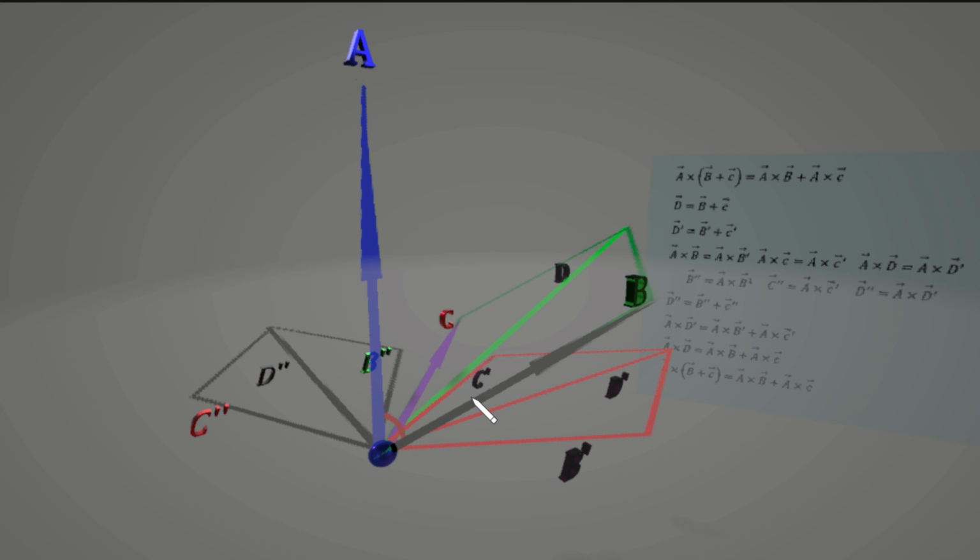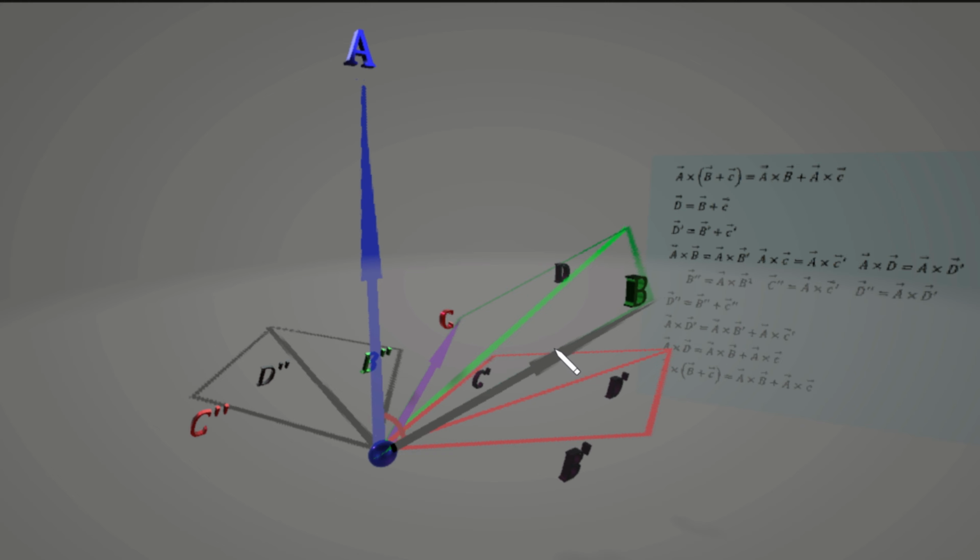Any two vectors are represented as the two adjacent sides of a parallelogram passing through the same co-initial point. One of the diagonals of the parallelogram represents the sum of those two vectors. That means B bar plus C bar is given by a diagonal both in magnitude and direction. That means D is also a co-initial vector.